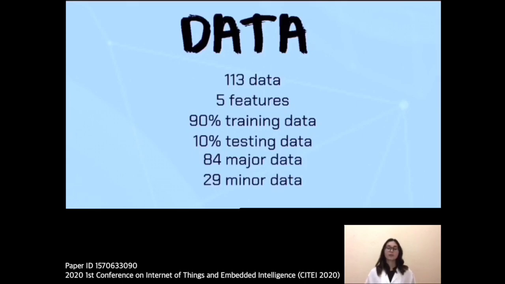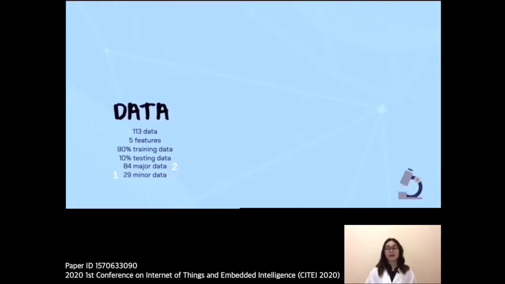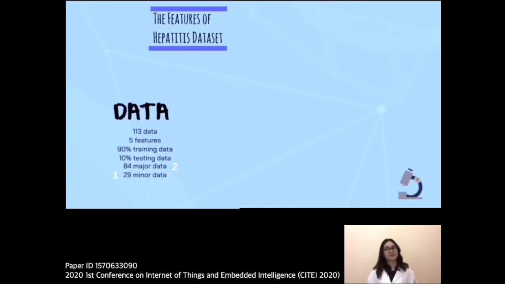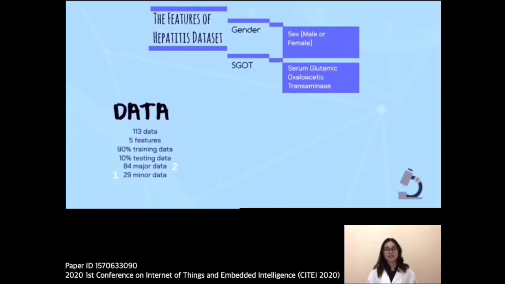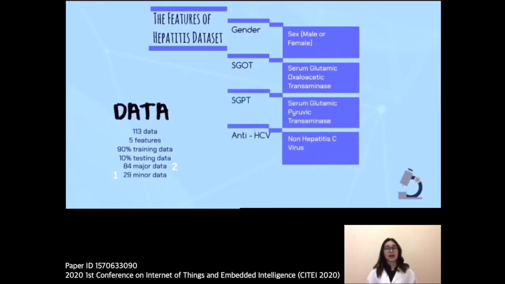Minor data represent data classes that indicate the presence of inflammation with level 1, while the major data represent data classes that do not indicate inflammation with level 2. There are also the features of the hepatitis dataset that we use in this study: Gender, SGOT, SGPT, anti-HCV, and diagnosis.